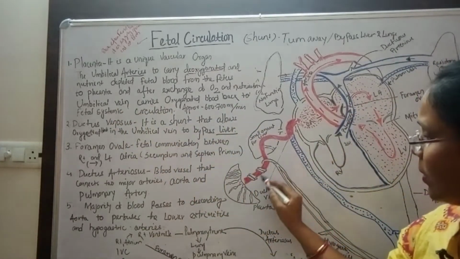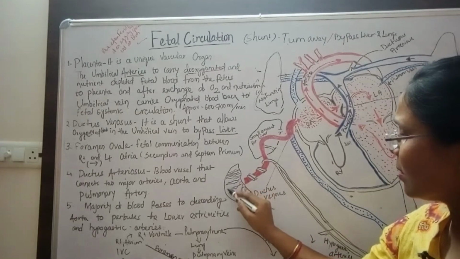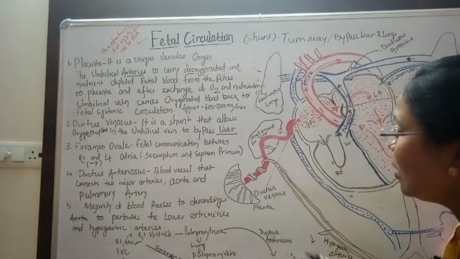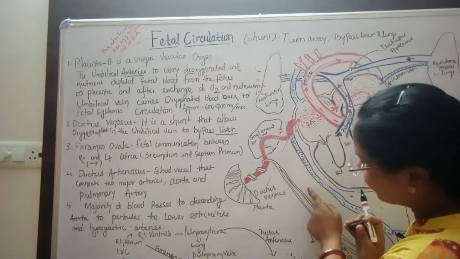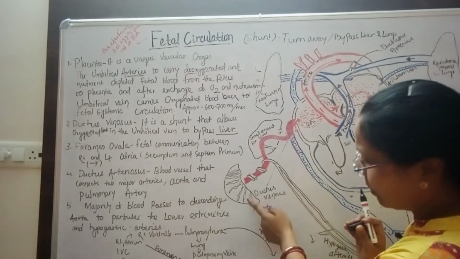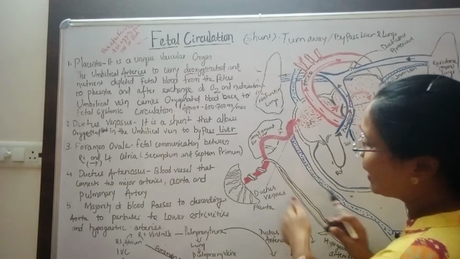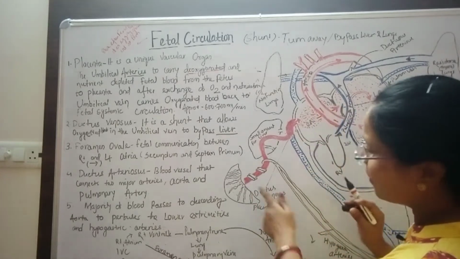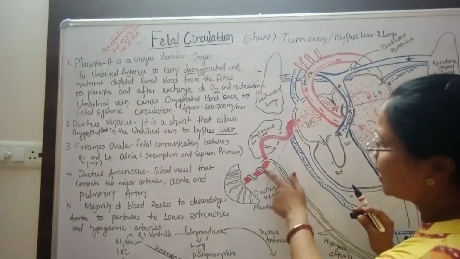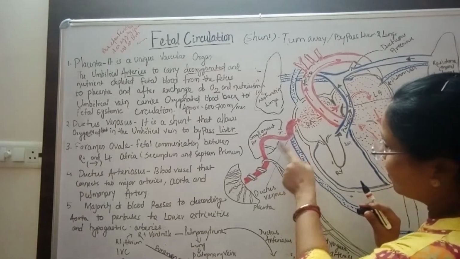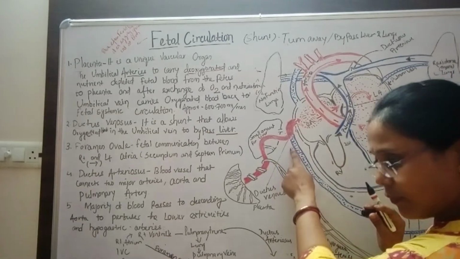A large number of vascular cells are present in the placenta, so the deoxygenated blood carried by the umbilical arteries goes to the placenta. Here exchange takes place, and again the umbilical vein, which is red in color, carries oxygenated blood through the umbilical cord to the fetus.